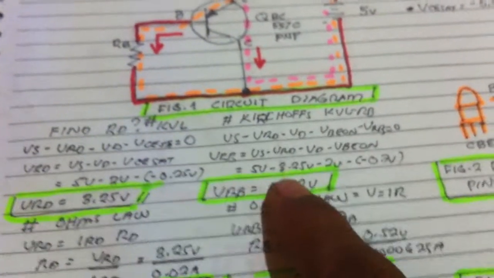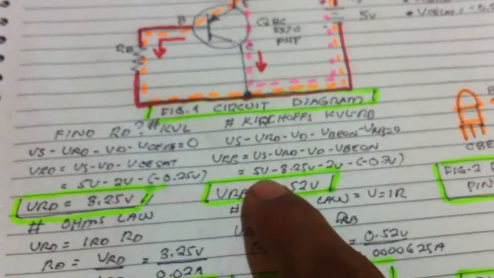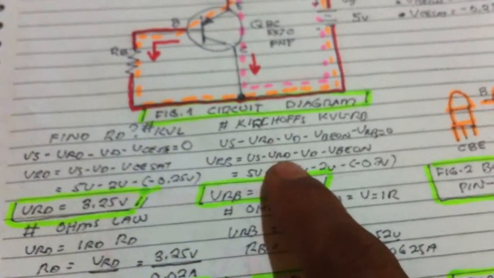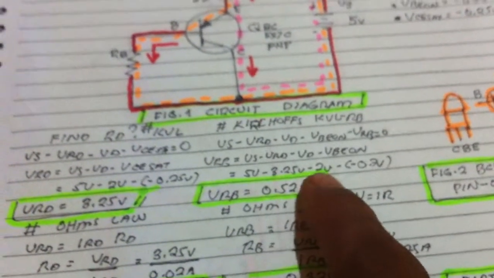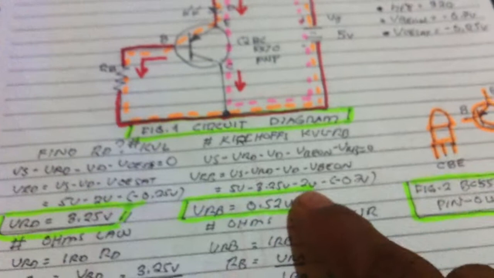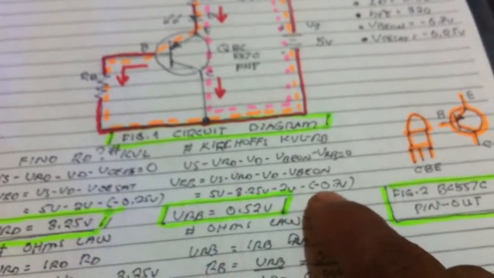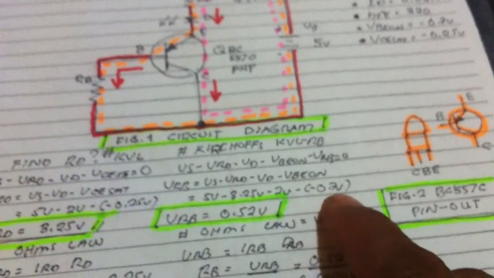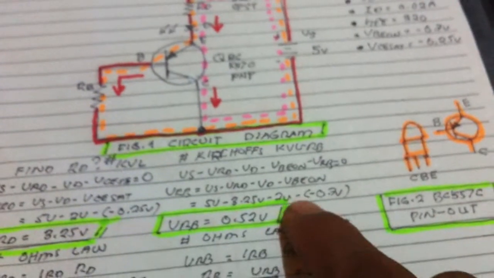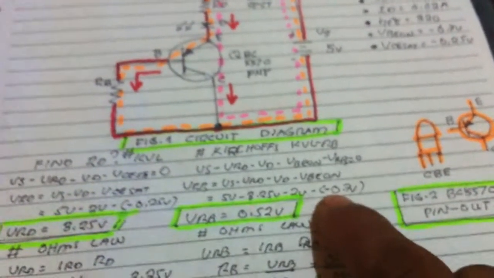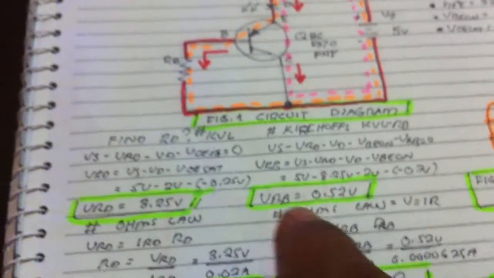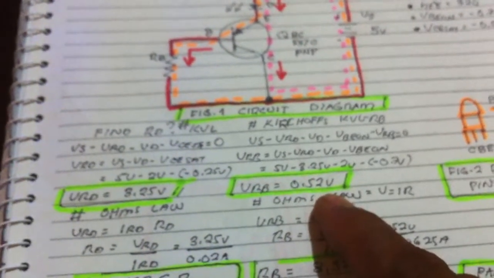Substituting all the values, we know this voltage RD, we know also the LED and the on voltage of negative. Since this is negative, negative equals positive, and we got 0.52 volts voltage drop of the base resistor.